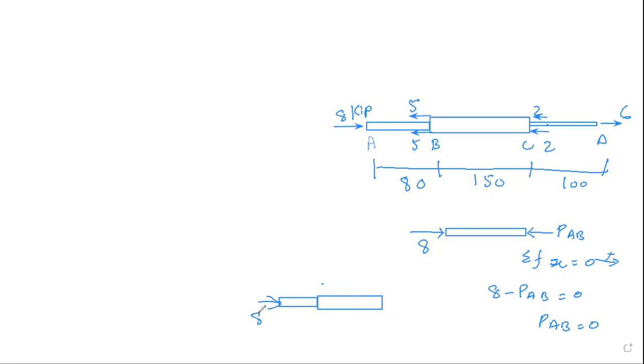kip, then we have 5 kip for both the directions, 5 and 5, and here we have PBC.